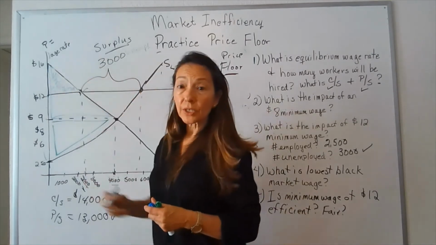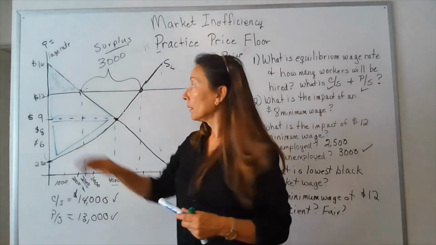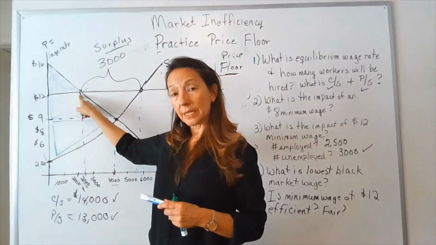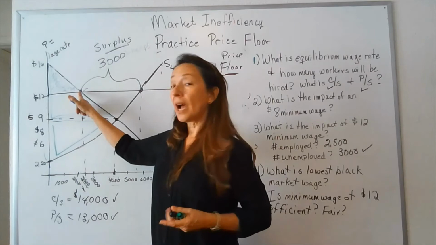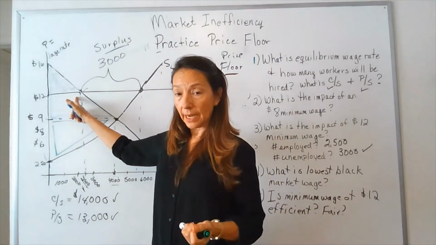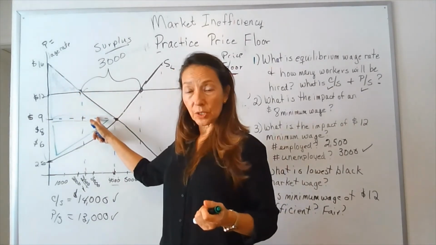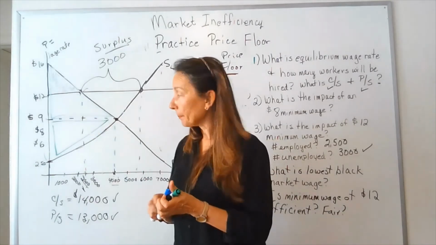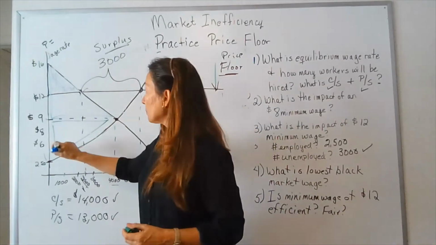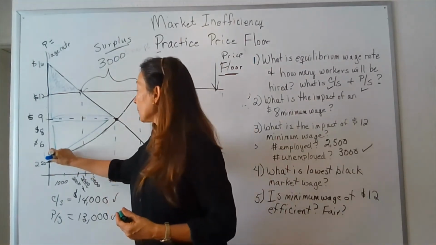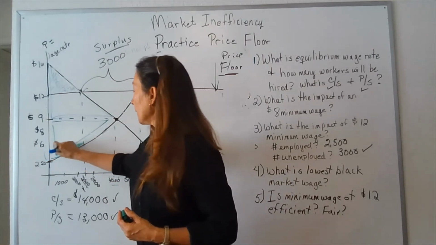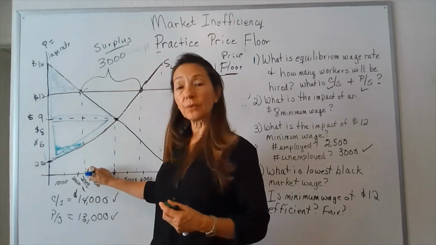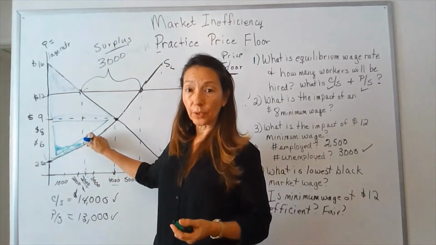So we have a reduction in consumer surplus. Remember that the consumer here is the business hiring labor. So they're not going to be able to hire as many people as they would like to hire due to cost concerns from a business perspective. Then we also have a reduction in producer surplus because only 2,500 workers are going to find work.